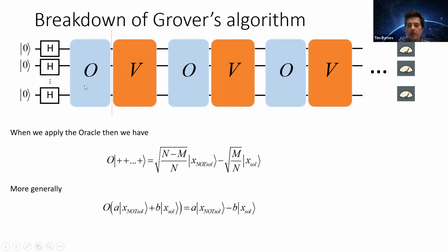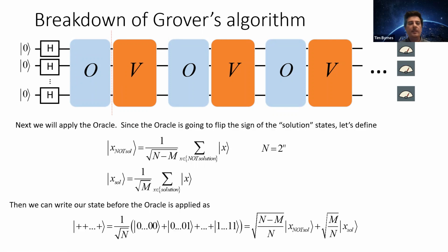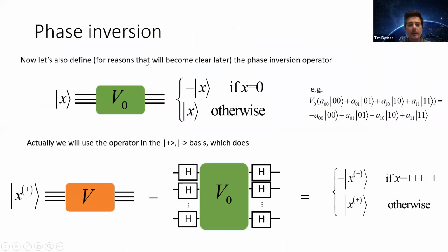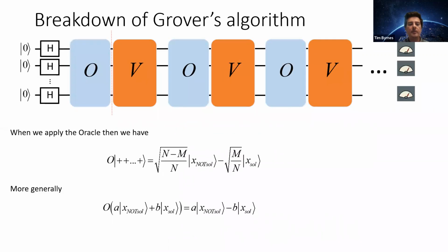Remember, O and V are not the same thing, but they're very similar operators, in the sense that O adds a minus sign to the solution states, and V is the operator that adds a minus sign to the plus state. They're just similar kinds of things.